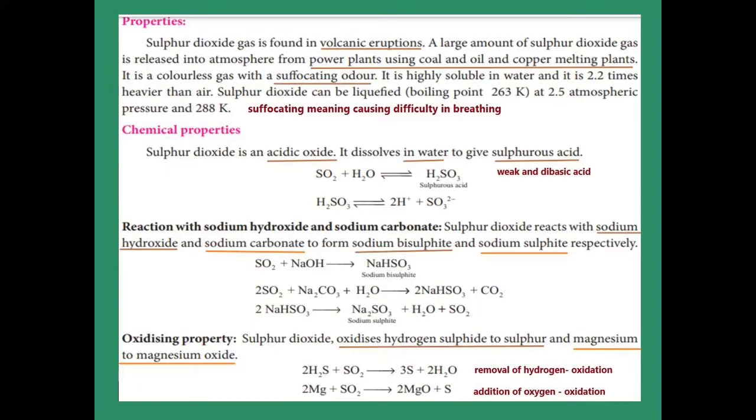Here we are getting water as one of the products. The next one, magnesium. Magnesium on reacting with sulfur dioxide is changed to magnesium oxide. That is, magnesium is added with oxygen. So addition of oxygen is also called oxidation. Here the sulfur dioxide oxidizes the magnesium to magnesium oxide. So it is called an oxidizing agent.